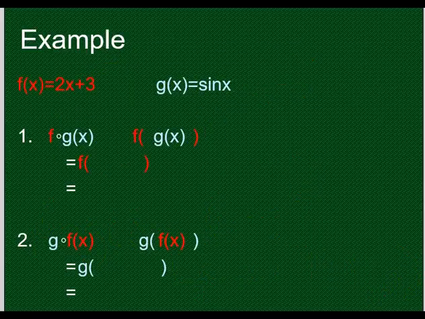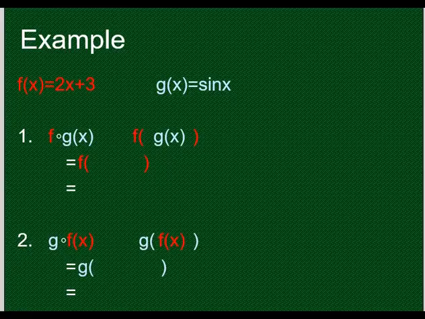Let's have a quick practice. I'll do number 1 with you. F composed with g of x. Given that f of x is 2x plus 3, and g of x is the sine of x. Okay, we're going to plug in sine of x right here. F of the sine of x. And what does f do?